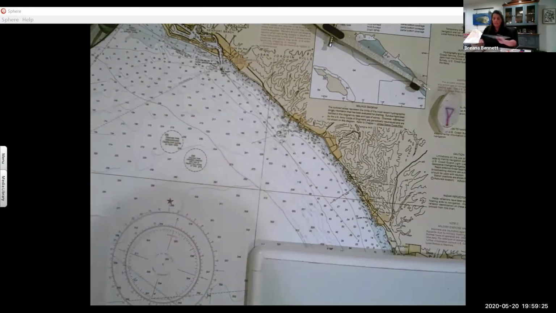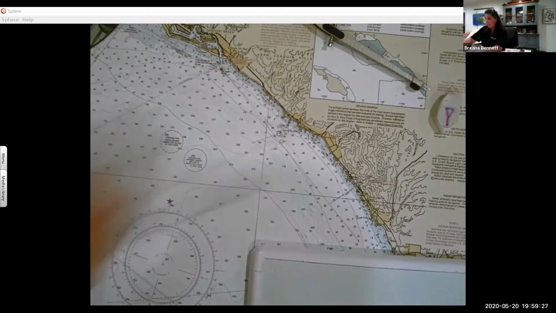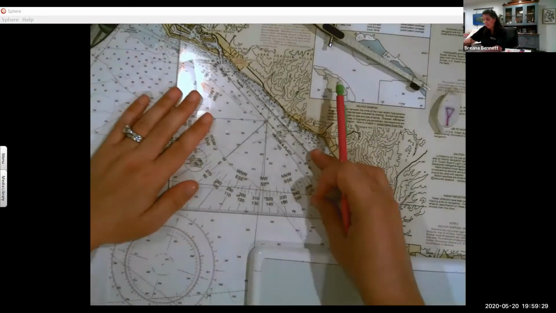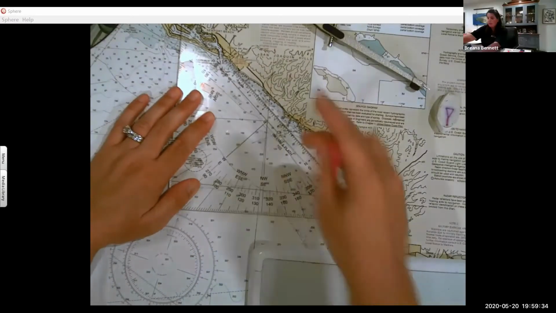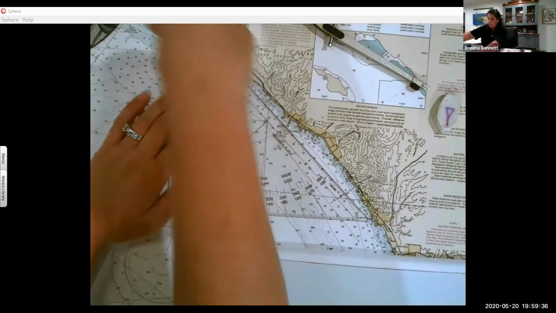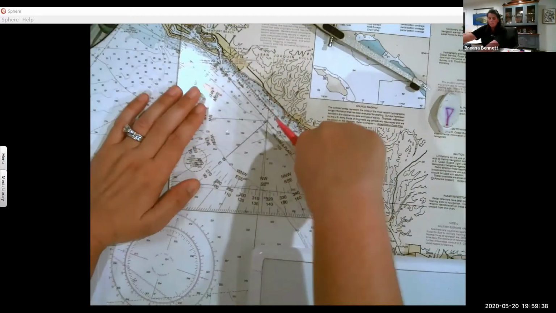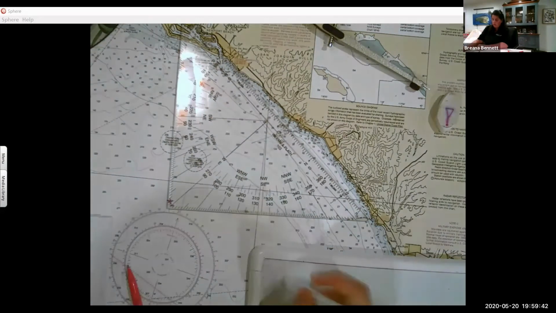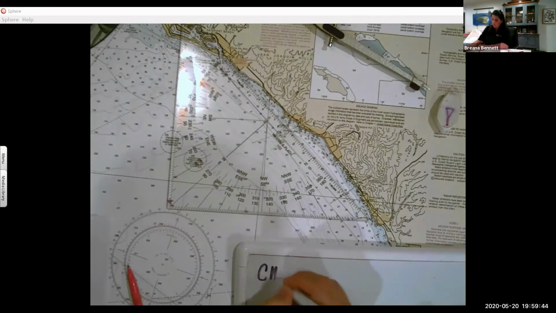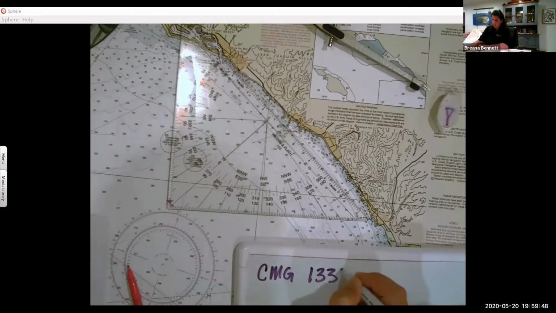We technically already have the bearing of it, but we can get it again. So if I was here and I'm going this direction, my bearing of it would be, so my course made good is 133 degrees true.